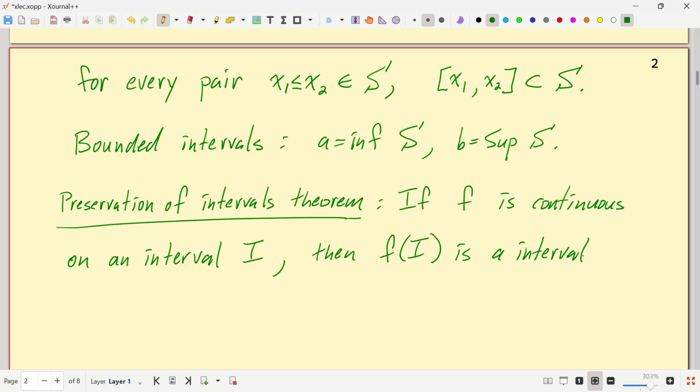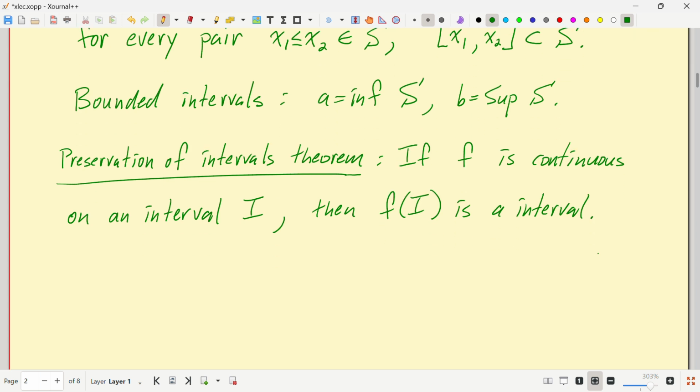And not necessarily a closed one. In fact, there's no easy way to characterize the nature of the image knowing the I, except in the case of a closed interval. Then closed gets mapped to closed.